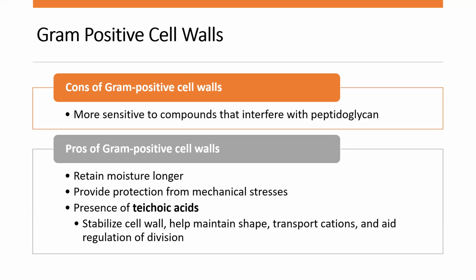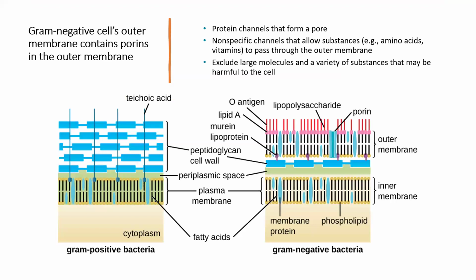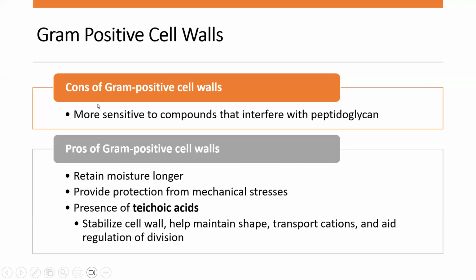They have these teichoic acids, which if we look back here, you can see sticking out from the membrane through the cell wall. These help stabilize that cell wall. They help maintain the shape, and they're also involved in transporting cations and cell division. So, simply put, teichoic acids do a lot of things for gram-positive cells.